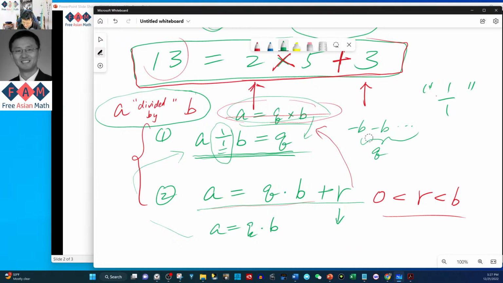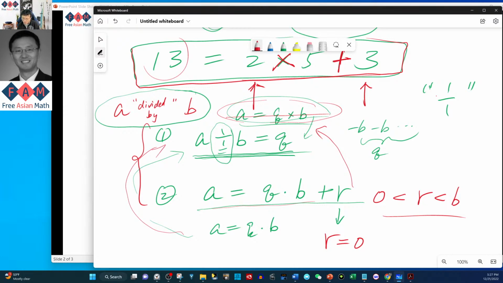And that special situation occurs if R is 0, or at least conceptually we think that the remainder is 0. If that's the case, the second case will have to become the first case.